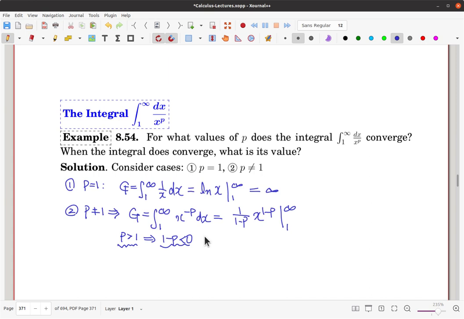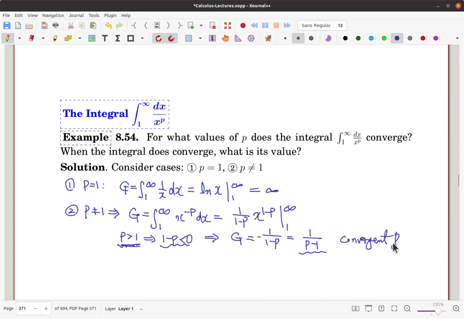So in this case, the given integral, when x is infinity, the value goes to 0, and once it is 1, then we have 1 over 1 minus p. Okay, here we have a minus over there, so we can write down that it is 1 over p minus 1. So once p is larger than 1, we have this value. Of course, this is convergent.